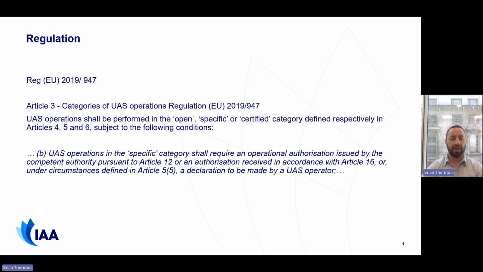If we move to Part B of Article 3, it states that UAS operations in the specific category shall require an operational authorization issued by the competent authority pursuant to Article 12, or an authorization received in accordance with Article 16. It goes on, but that's the high-level review of where the regulation is, and it's available to everybody on the EASA's website.